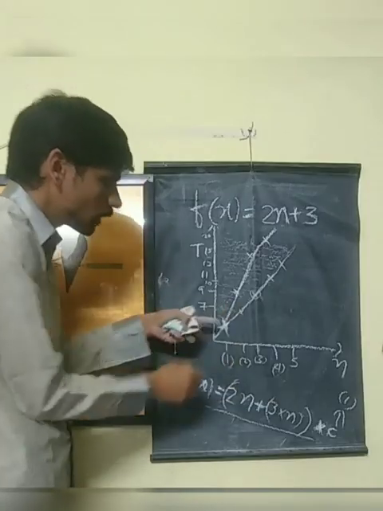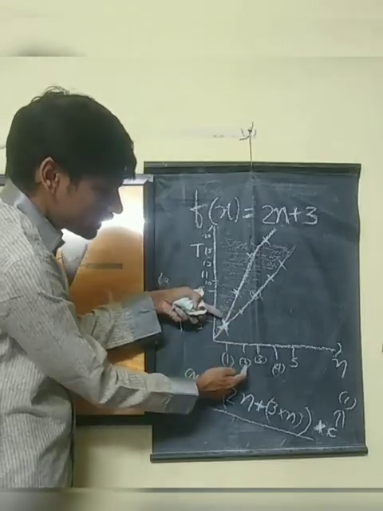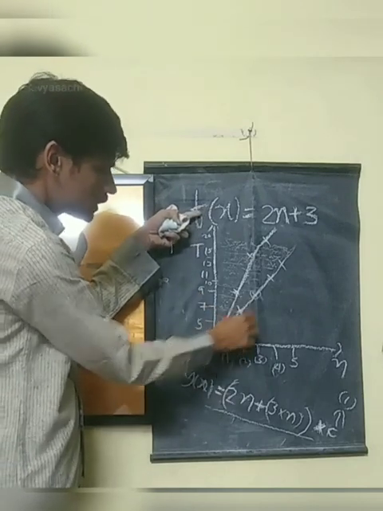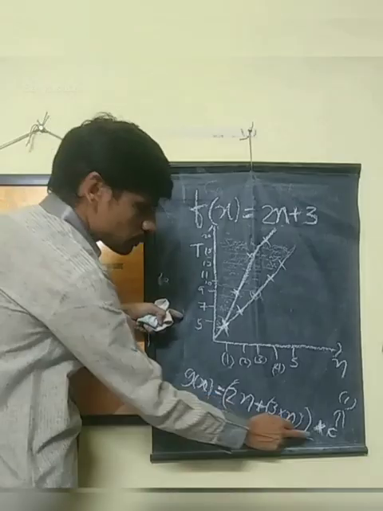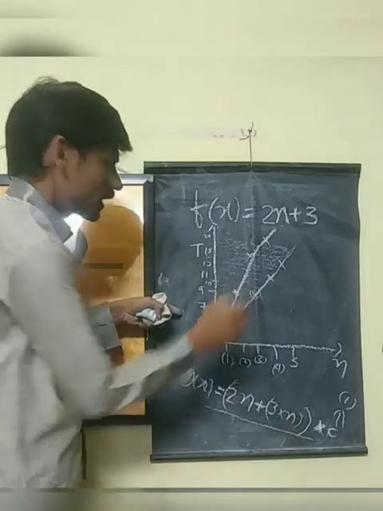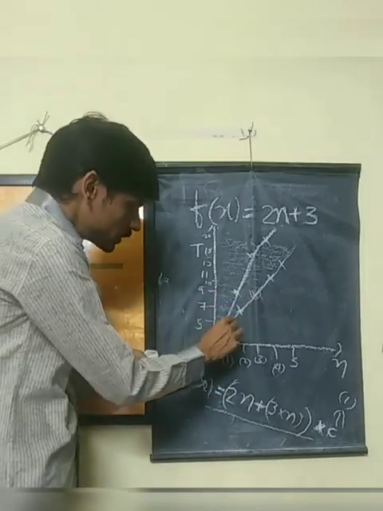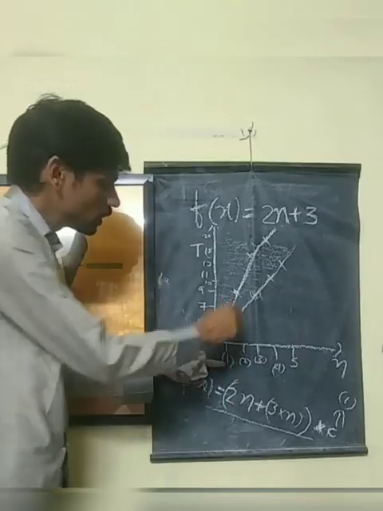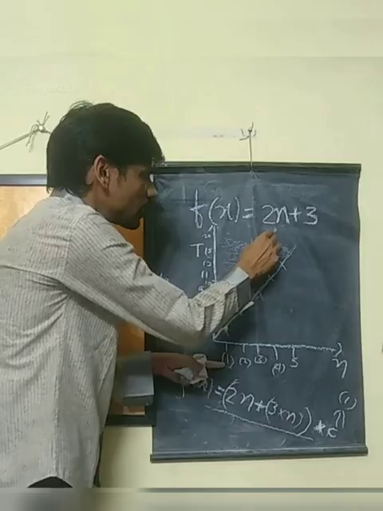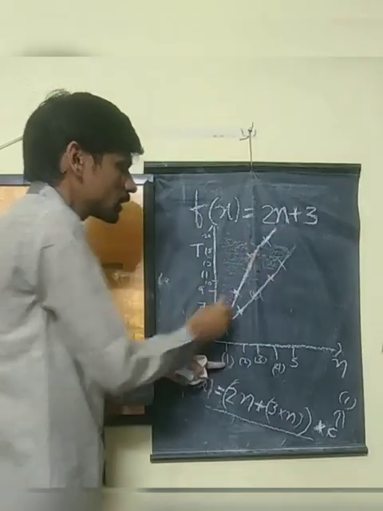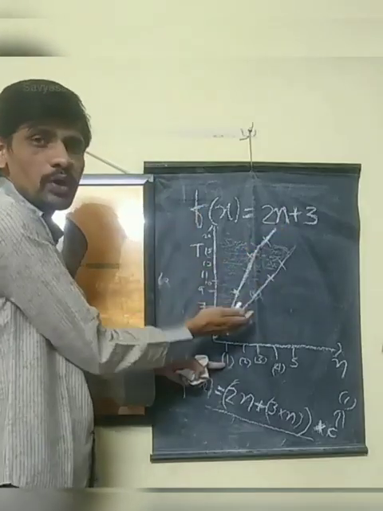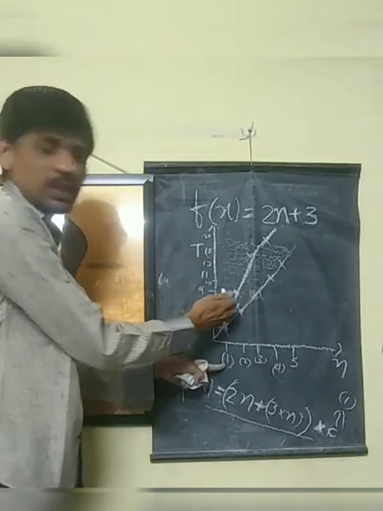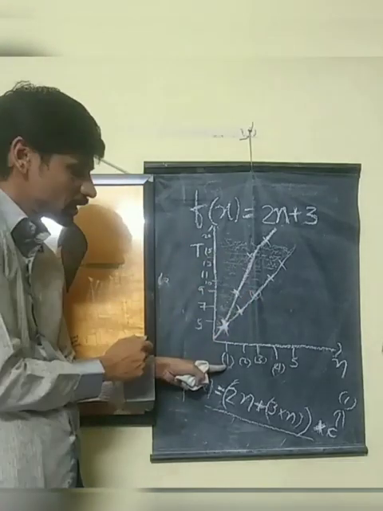So after that what happens? After that, if I increment to 2, my f of x gives 7, my g of x multiplied by c gives 10, right? So after this point, that means after this input, this line falls above, upper than this f of x, right?